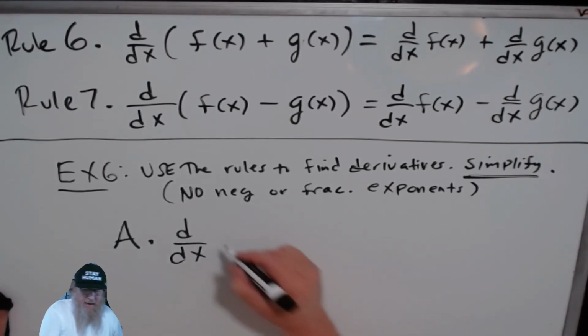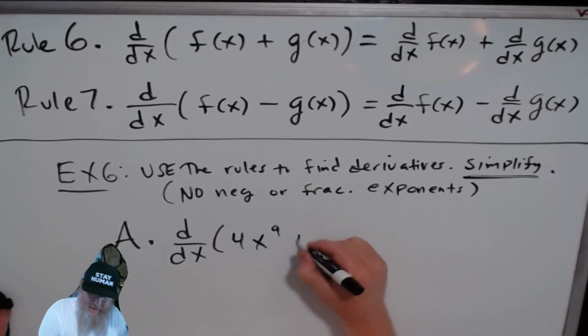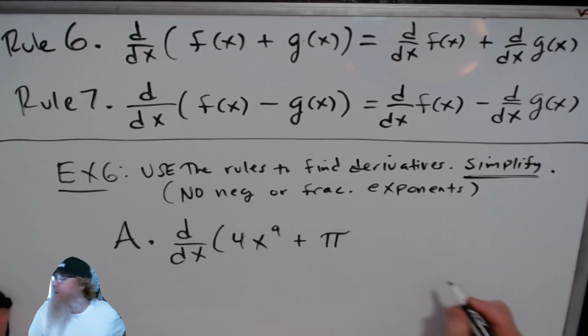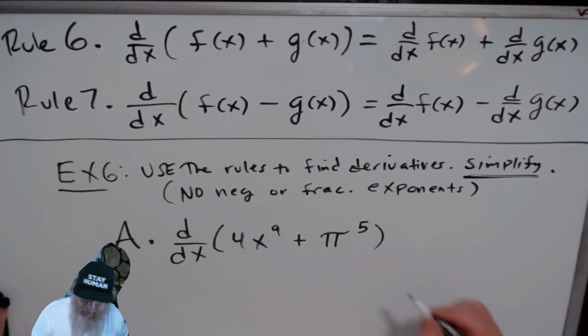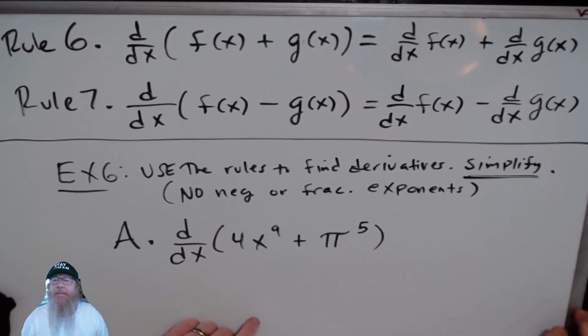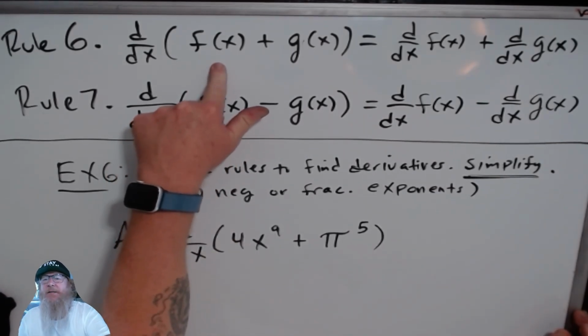All right, so what do we got? We got a 4x to the 9th plus pi to the 5th power. So that's rule number 6.